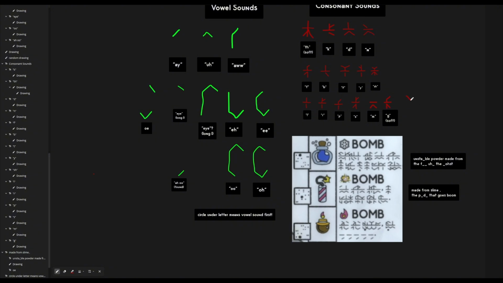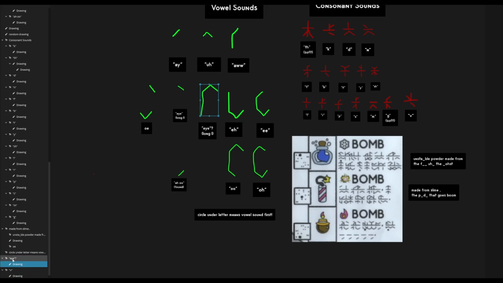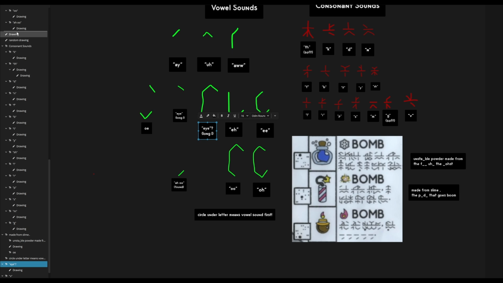Of this line here. And that is E. I goes under vowel sounds.